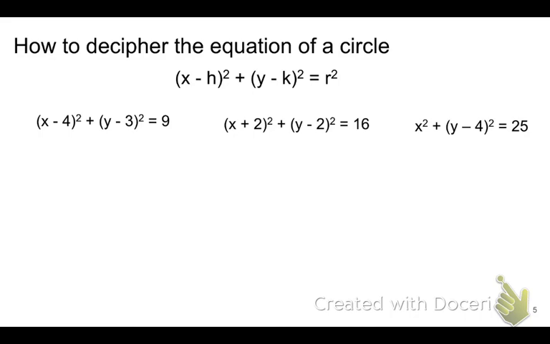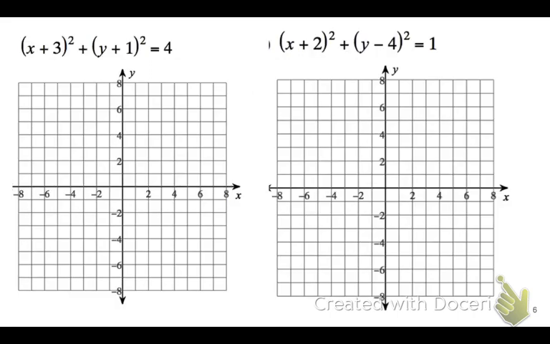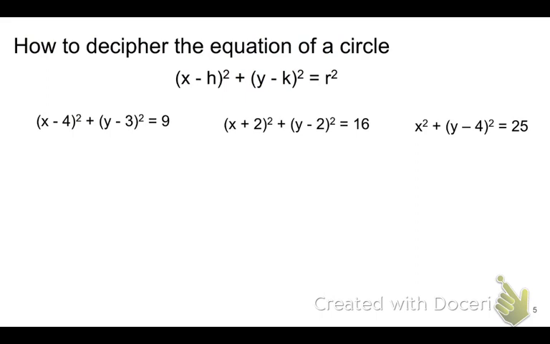Remember, whenever we want to graph a circle, we want to find the center and we want to find the radius. And if we have those 2 things, then we can graph any circle.